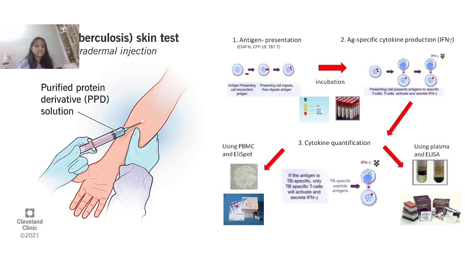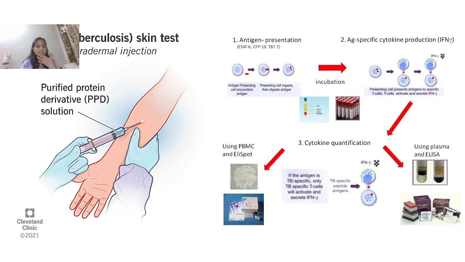So dermally, this purified protein derivative is injected, and if your body has recognized the antigen previously, there will be activation of the T cells, and it reacts with the sensitized T cells and produces a hypersensitivity reaction.